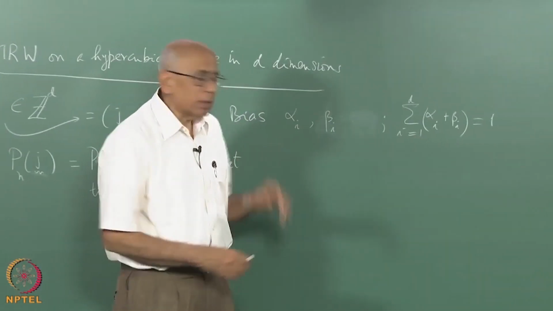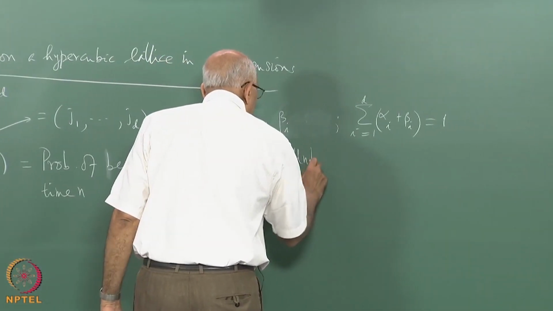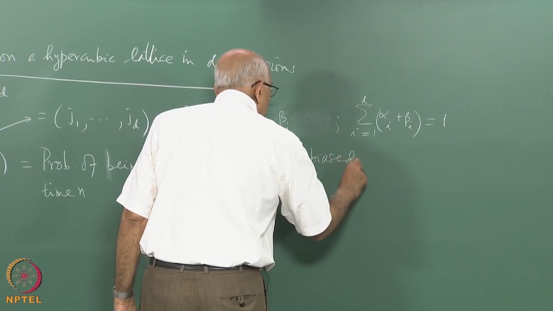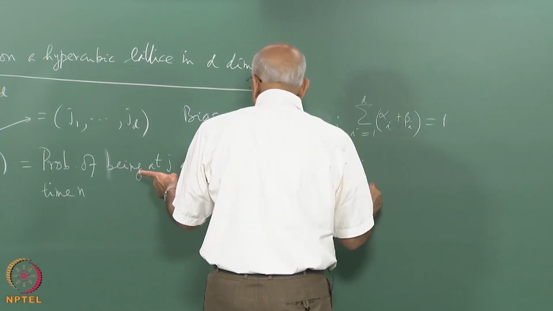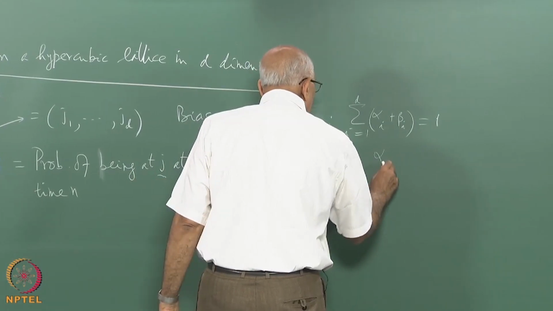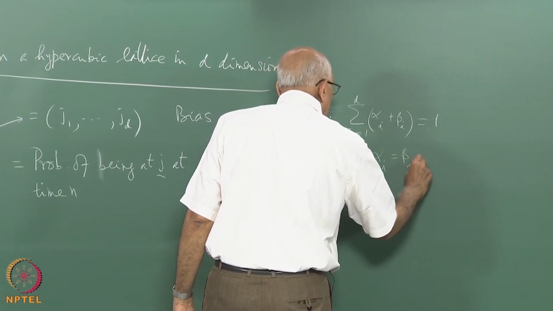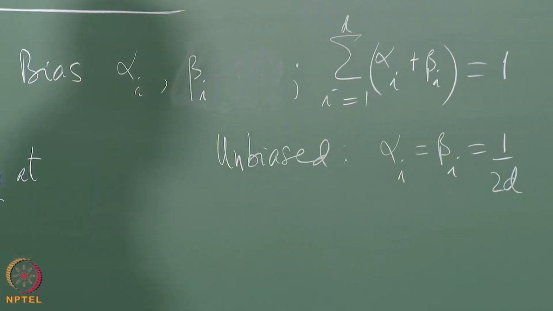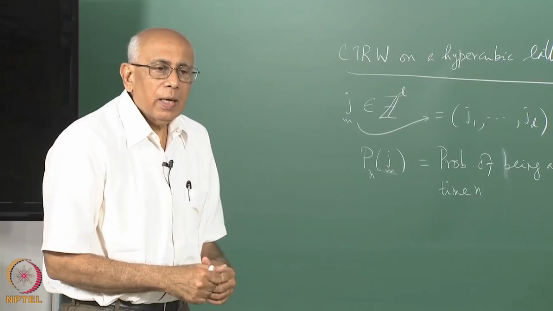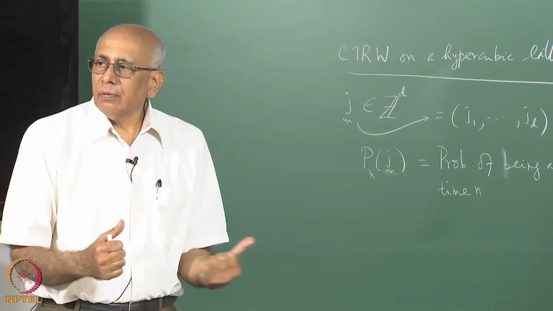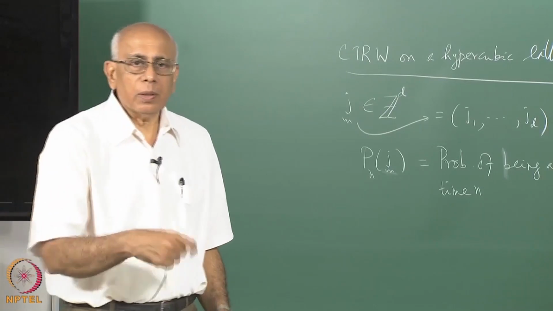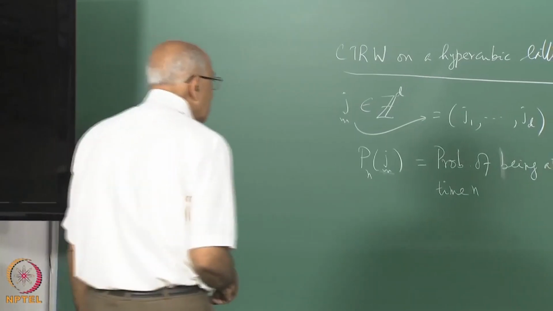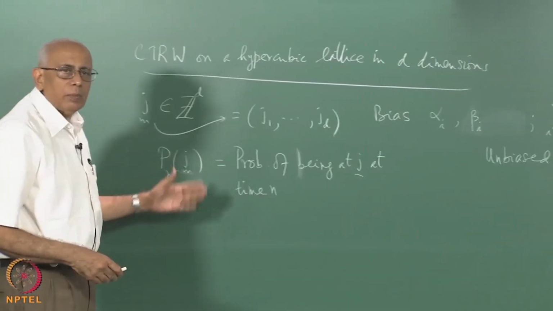The unbiased case would be every one of these factors is equal to 1 over 2d, alpha I equal to beta I. Okay. So if you are in 3 dimensions, for example, there are 6 nearest neighbors and the probability of jumping right or left, each of these is 1/6, or top or bottom, etc. Okay. So this is some multinomial coefficient.